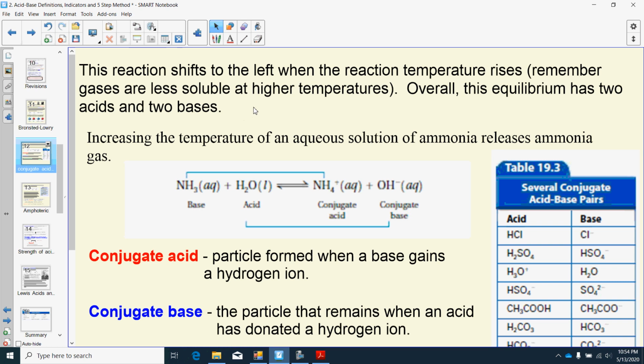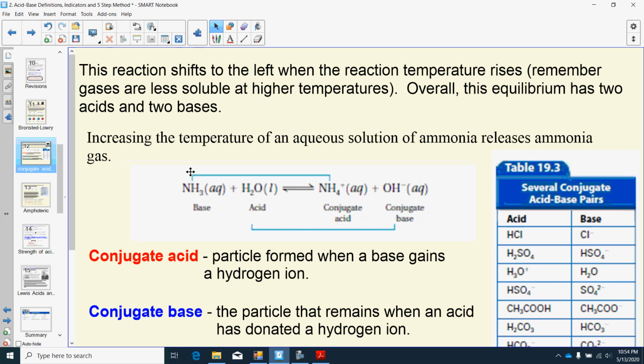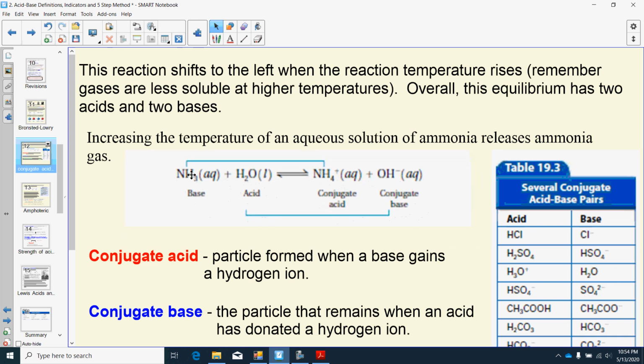We know that temperature can wreak havoc on an equilibrium. So if we increase the temp, what happens actually is the NH3 is less soluble. So therefore we don't have as much NH3. So in fact, by increasing the temp, the concentration or the amount of this compound decreases. When that happens, we know that the equilibrium is lost.